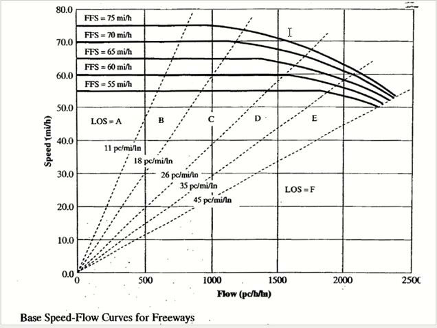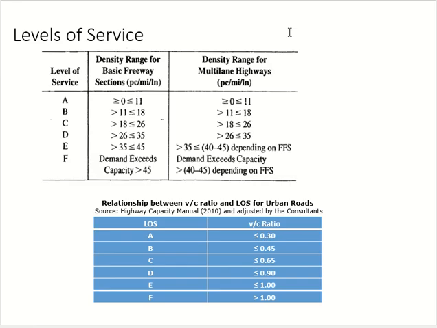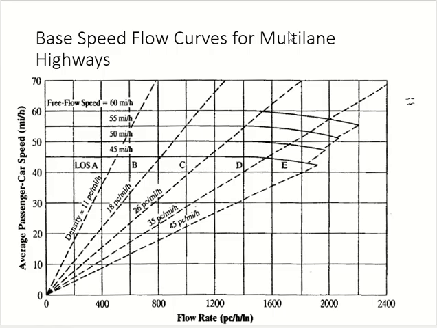What is slope? Y upon x, right? Slope is y upon x. Okay, so for example, what is the maximum density for A? 11, right? Okay, 11 is what? Flow rate upon speed, which is the inverse of the slope in this graph.